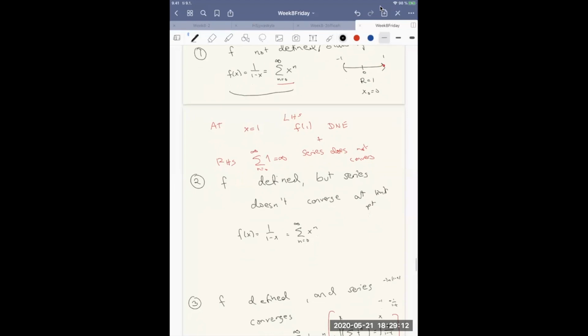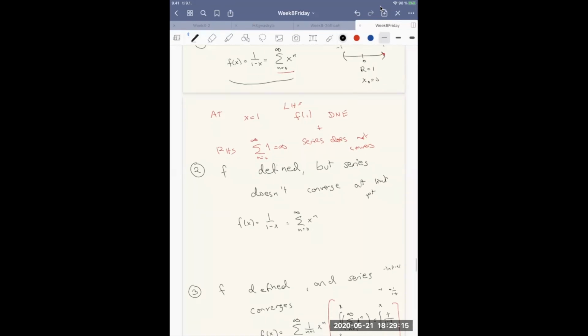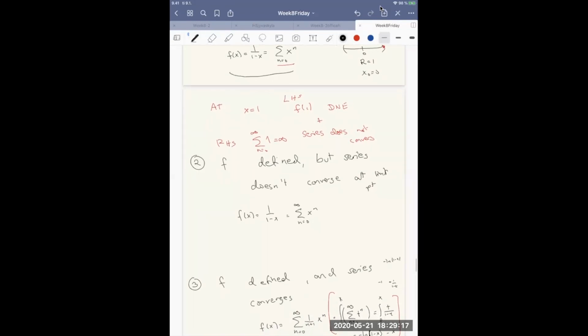Now there's another possibility. You could have the left-hand side defined, but the series doesn't converge at the limit point. This could happen when we look at the other extreme of the same function, namely minus 1.